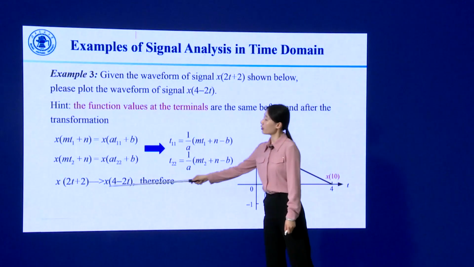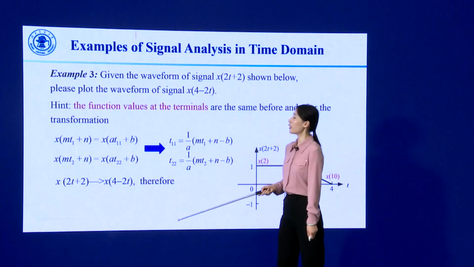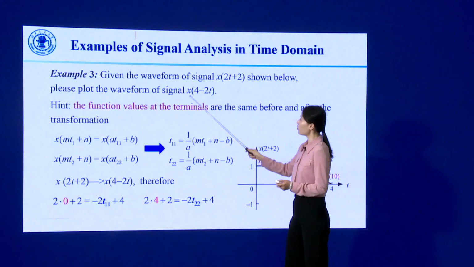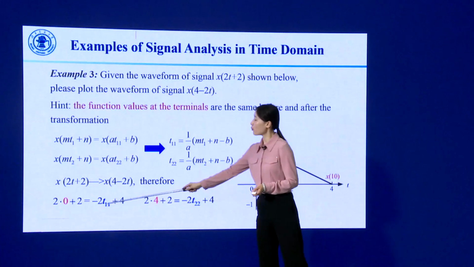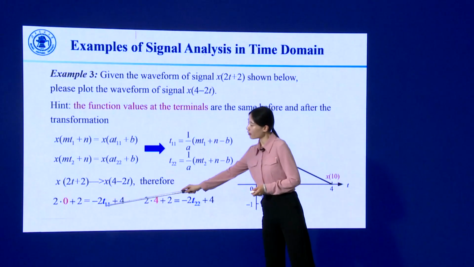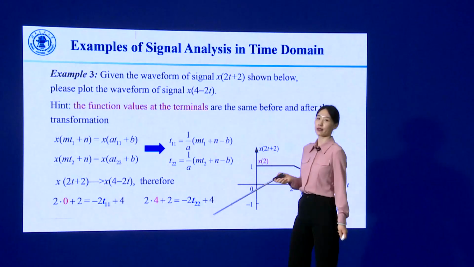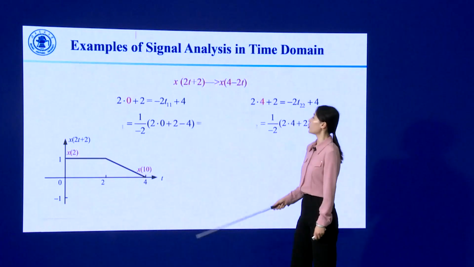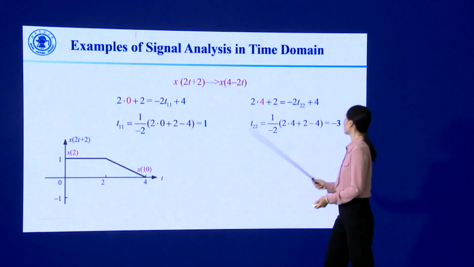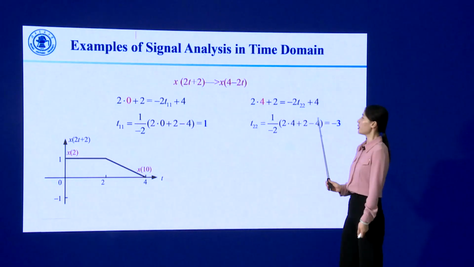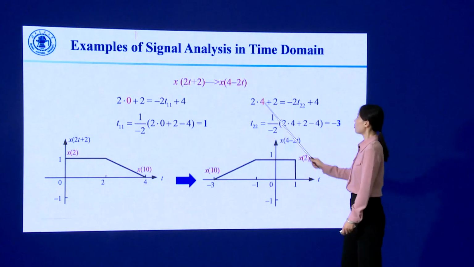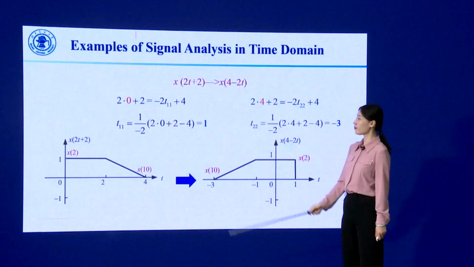By substituting these two signals, we can get the new terminals for this signal are defined as T11 and T22, and they should satisfy these two equations. And finally, we can get the two new terminals as 1 and minus 3. Thus, we can get the final result for this signal.